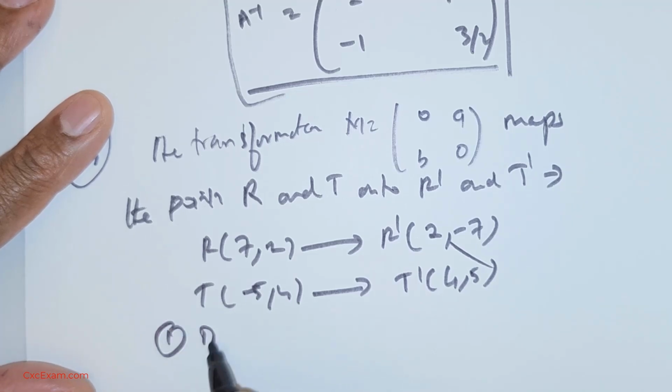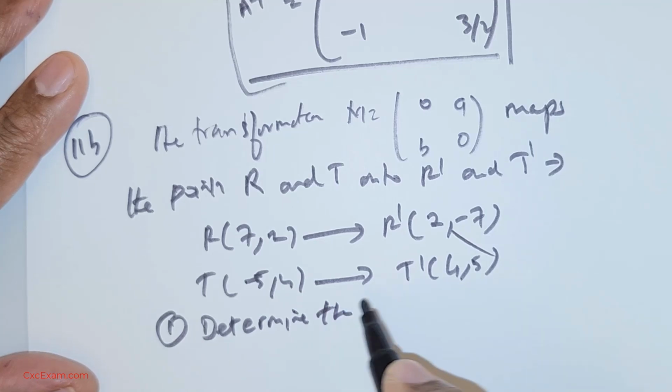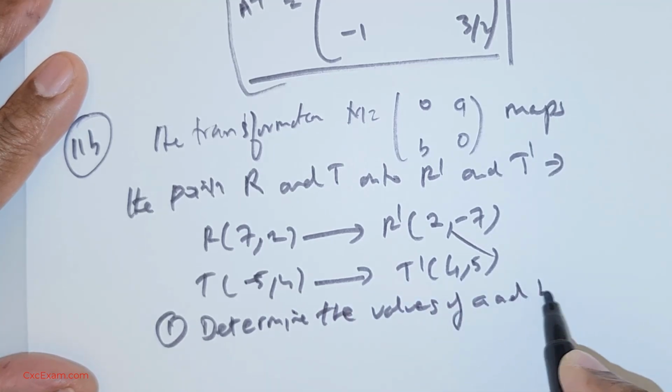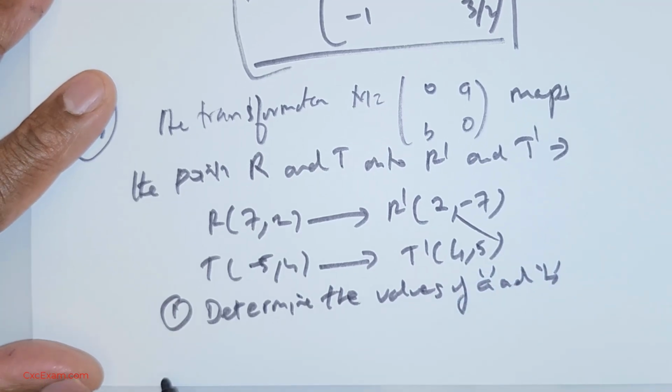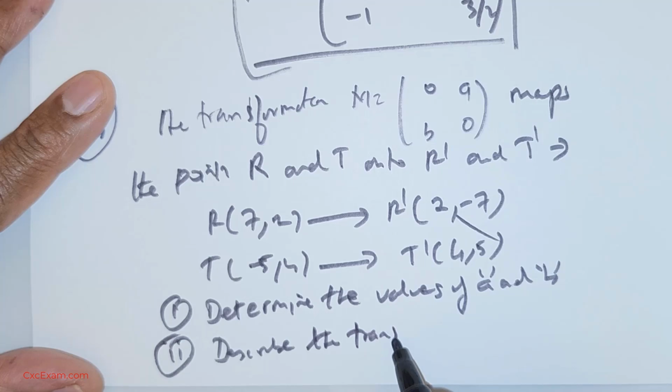Now we will have to determine the values of A and B. And number 2 is to describe the transformation.